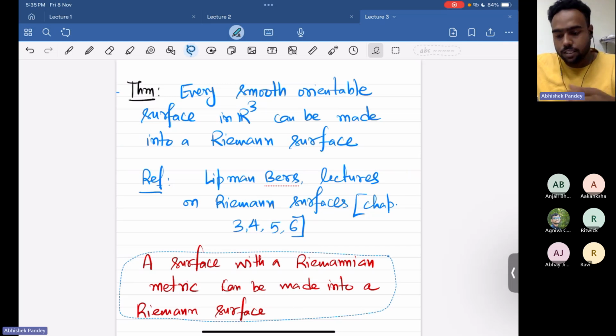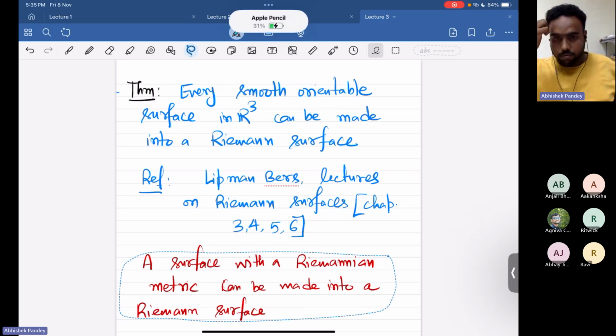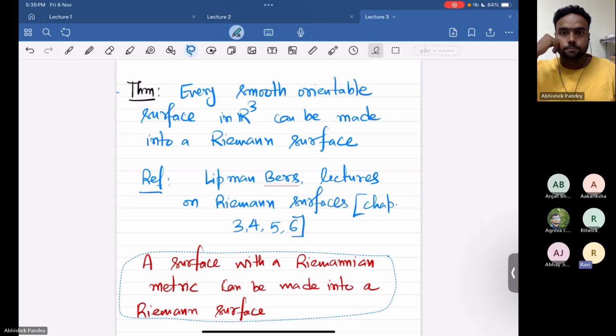For smooth mu we are getting smooth W. So in the smooth case everything is fine. For very general cases, this is a good reference: Lipman Bers, lectures on Riemann surfaces. I see. Okay. Thank you.